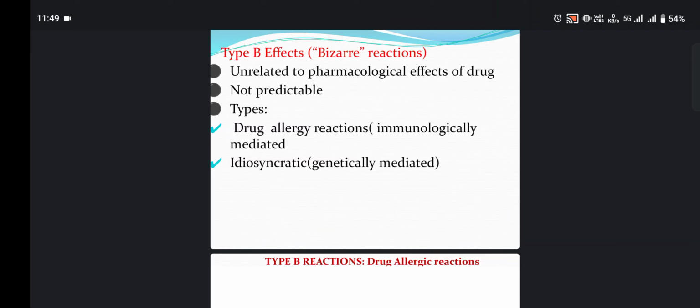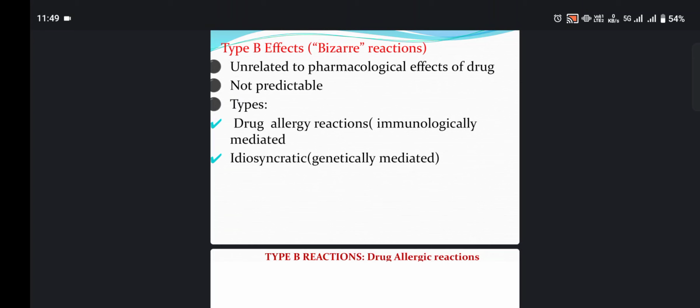There are also two types of bizarre reactions. The first one is drug allergic reactions, and the second one is idiosyncratic reactions. Drug allergic reactions depend on an immunological mediator, like an immune response.